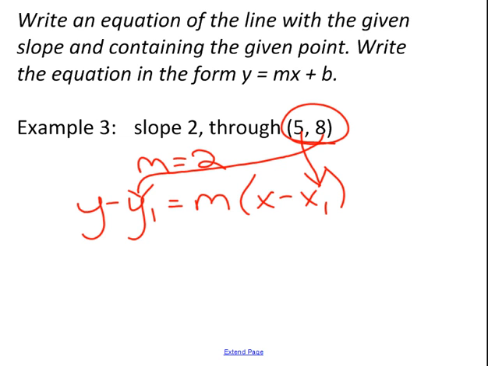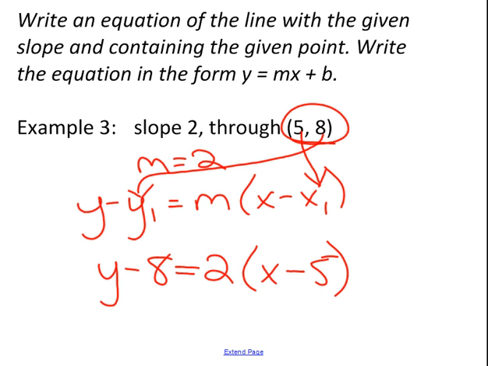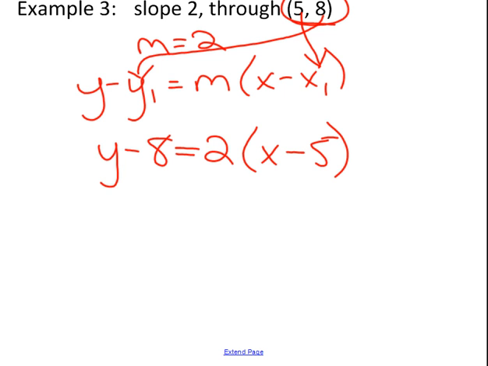You're going to replace your x sub 1, you're going to replace your y sub 1. y minus my y value, which is 8, equals my m, which is 2, times x minus 5, and it says write the equation in y equals mx plus b form. So remember, that's last. We always do that last.